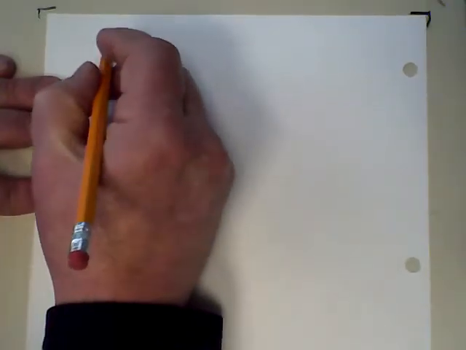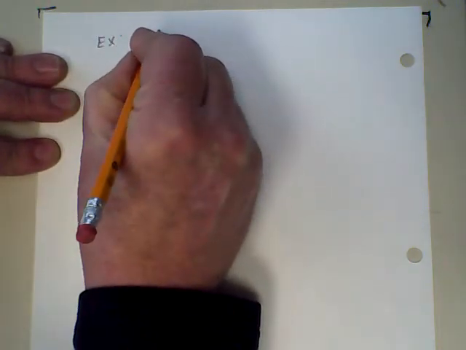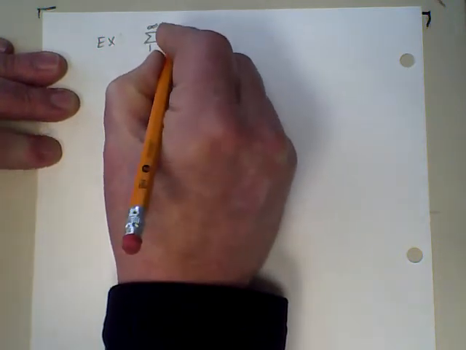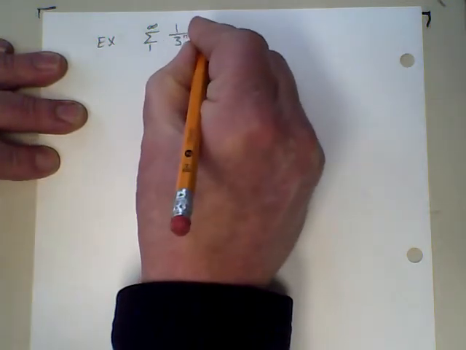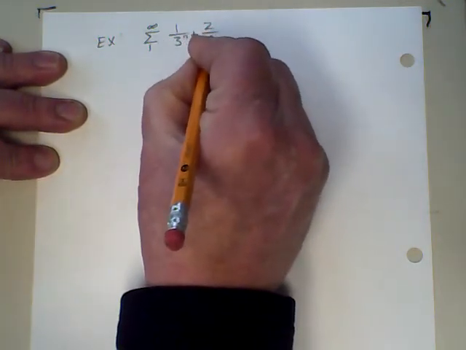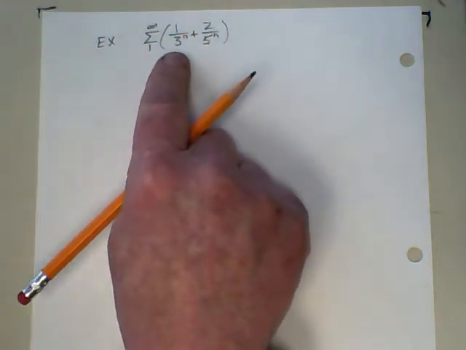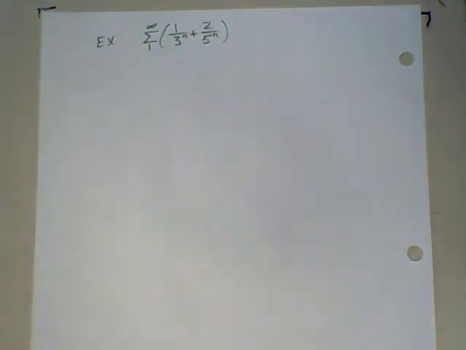All right, so our example for Theorem 8, I'm going to use this sum right here. This is how we might use Theorem 8 to answer a question. So if my a sub n was 1 over 3 to the n plus 2 over 5 to the n, and I want to try to determine the convergence here, I can use Theorem 8 to help me out.